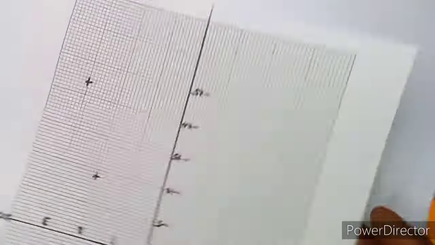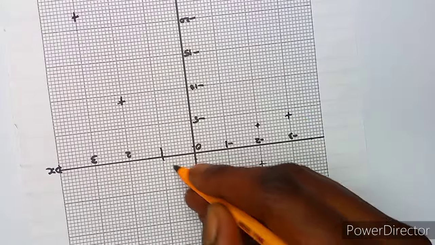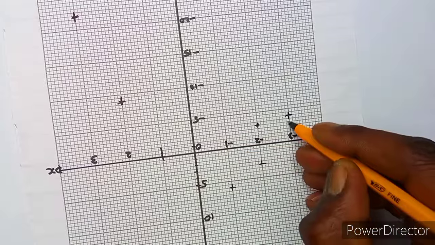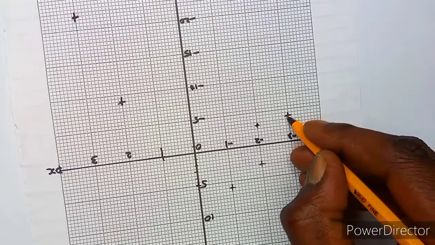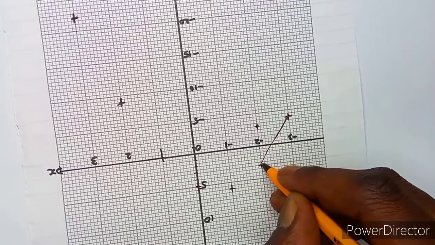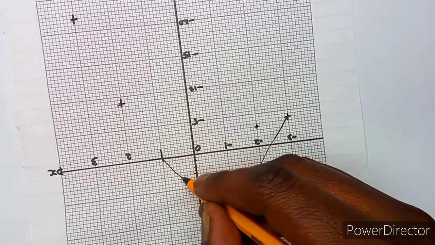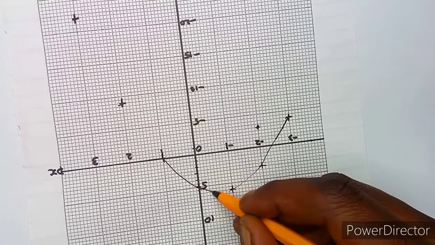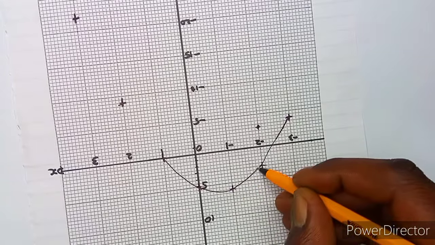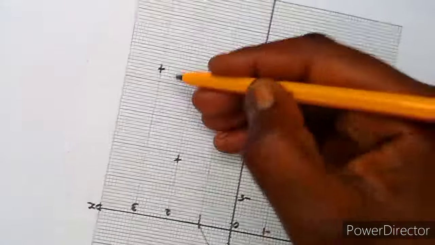I always try to have a curve part here so that I can see what I'm doing properly. So I'm just going to have my curve here. That's going to be a turning point, this point, that's where we're going to have a turning point.